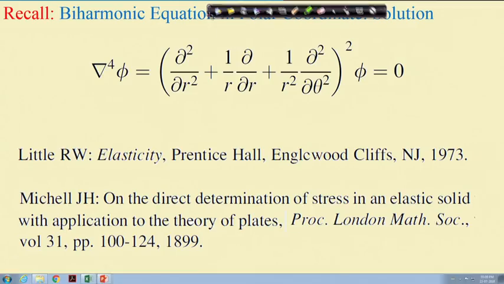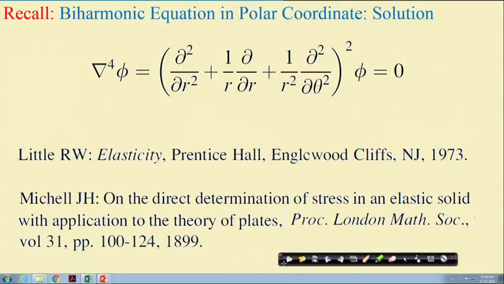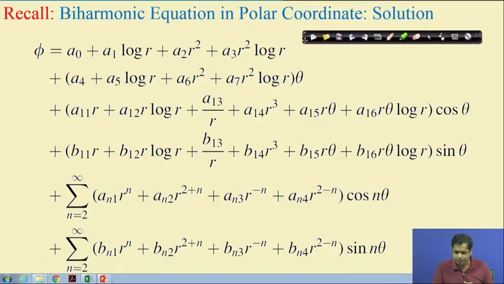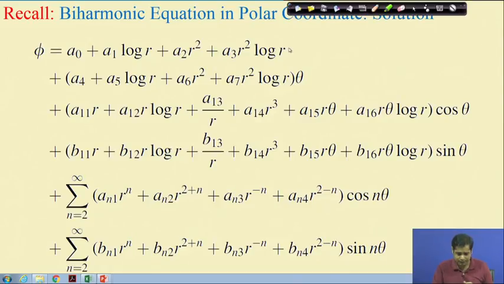Recall this is the final expression, the biharmonic expression in the absence of body force. The solution is given in these two references, and the general solution of this expression is this, as we discussed.